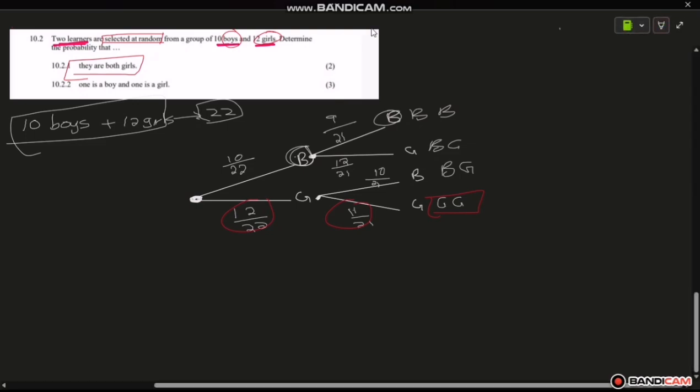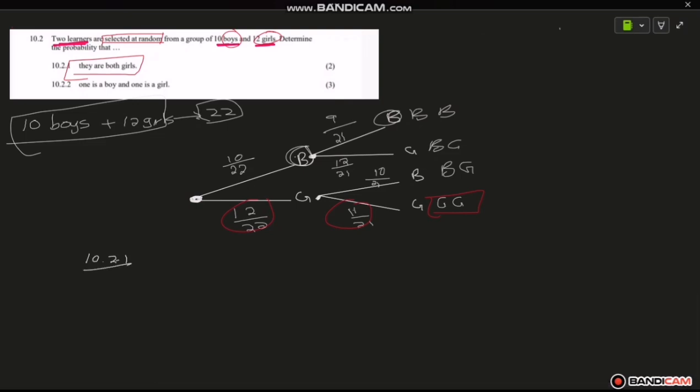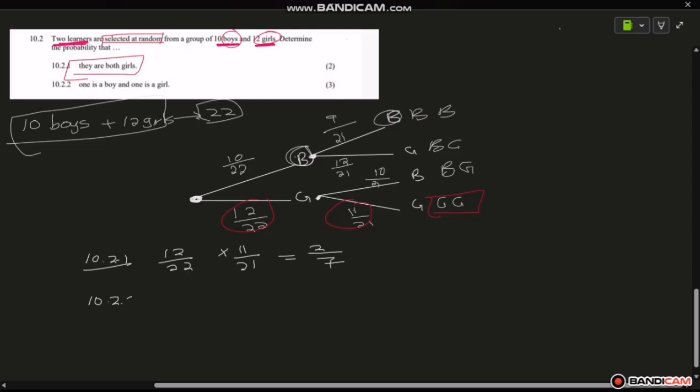So these are probabilities, we'll actually multiply them. 12 over 22 times 11 over 21. But if they wanted both girls or both boys, we're going to multiply these ones and add them with the product of 10 over 22 and 9 over 21. I hope it makes sense.